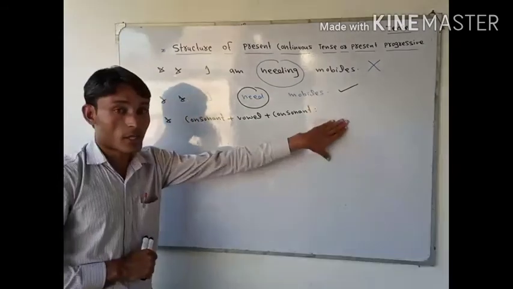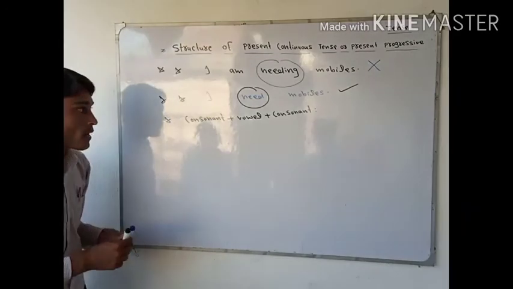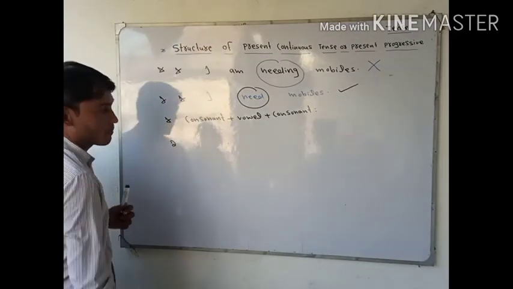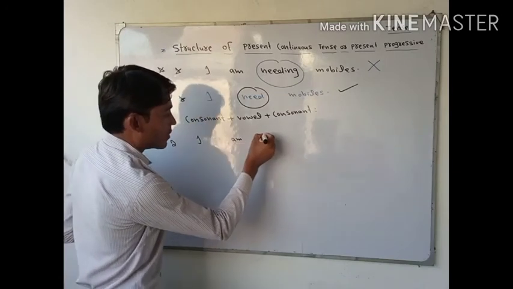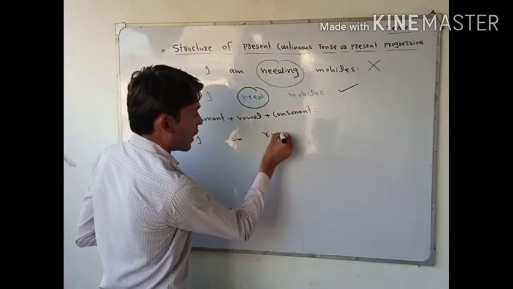If a verb follows this formula, then the last letter will double. For example, I say, I am running, R-U-N.